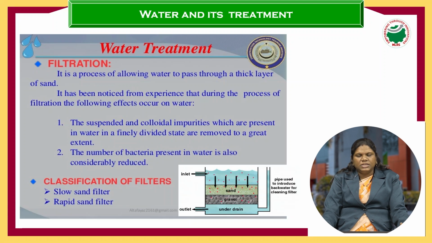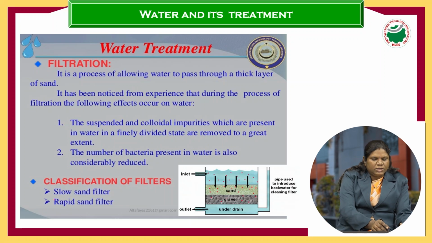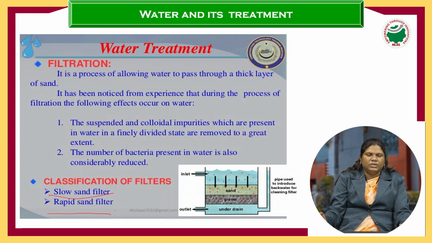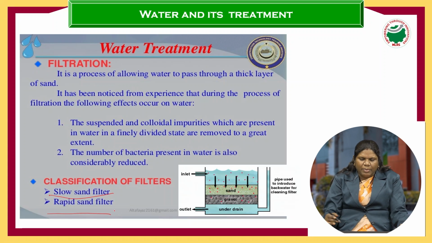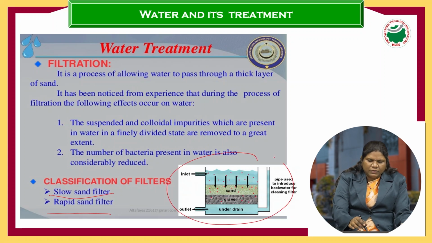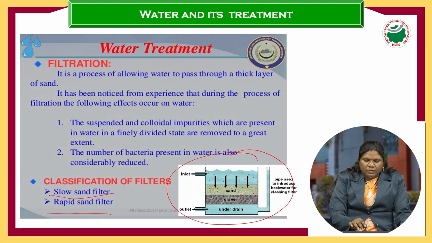Okay, the filtration is mainly carried out through sand filters. We have two types of sand filters, the slow sand filter and the rapid sand filter. In the sand filter we will take 3 beds. First is the small granules, second is somewhat bigger, and third is the gravel.